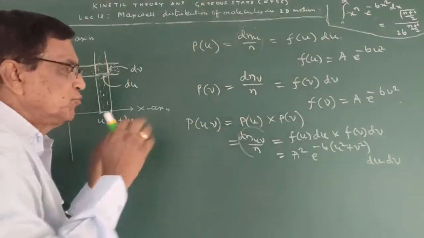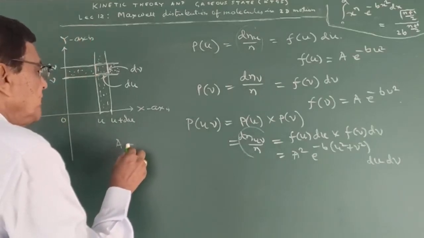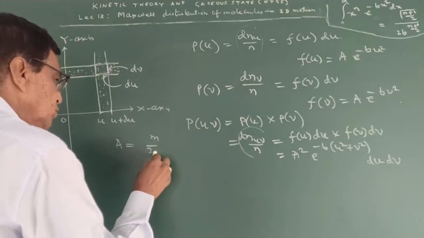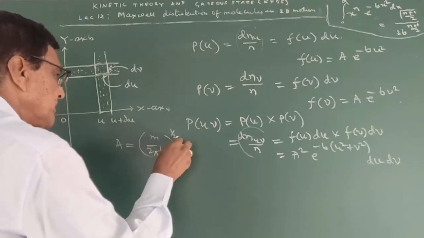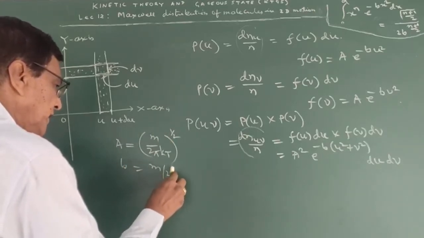So if we put the value A, we have already seen, equal to (m by 2 pi kT) to the power half, and B equal to m by 2kT.